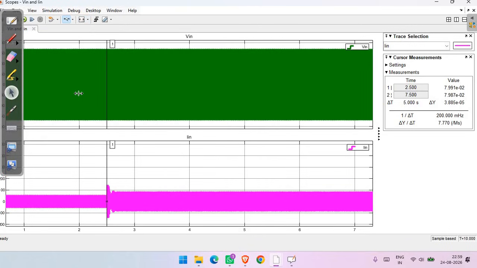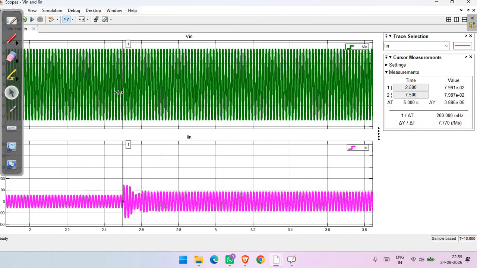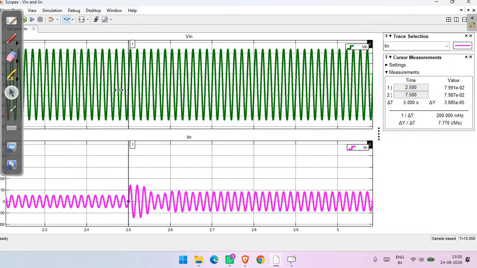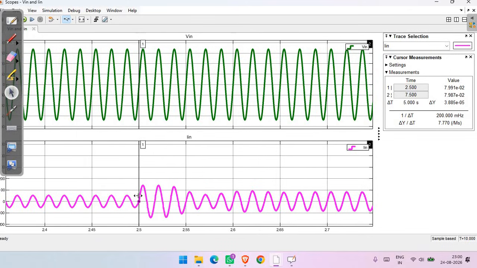You can zoom this here to see the graph properly. Here we are changing the reference value at 2.5 seconds. That's why there is a change in current.